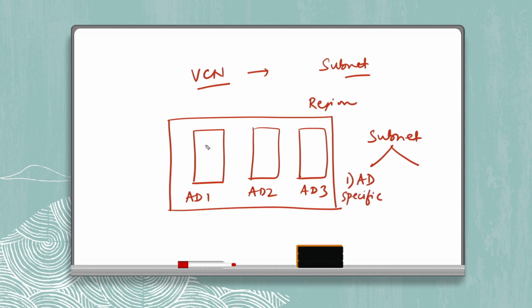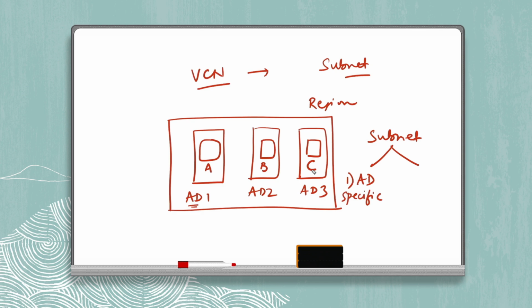That means the subnet is created in a specific availability domain. For example, you see this subnet A, it is created inside availability domain 1. Similarly, you see this B created within availability domain 2, and let's say C created within availability domain 3.